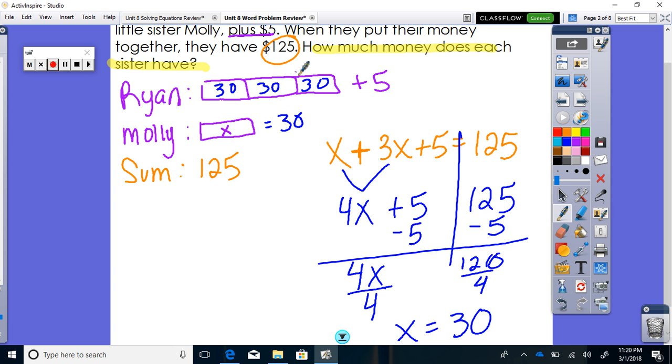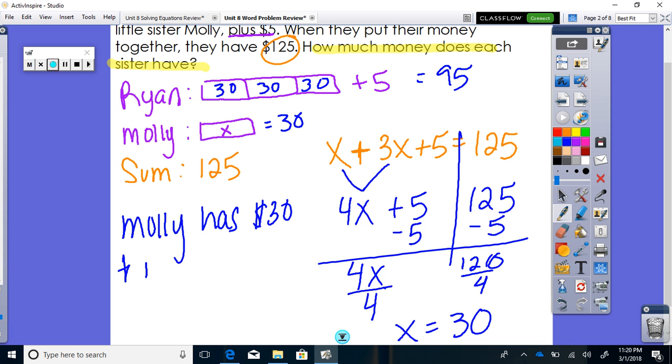Either way you get 90 plus 5 would be 95. So Molly has $30 and Ryan has 95.